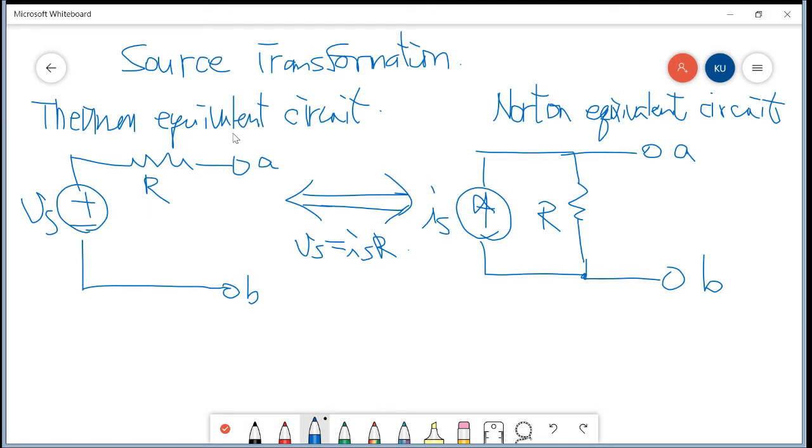So you can replace this part by a current source in parallel with a resistor. Or if you have a circuit like this, you can replace this Norton equivalent circuit by the Thevenin equivalent circuit. They are actually the same with this condition.